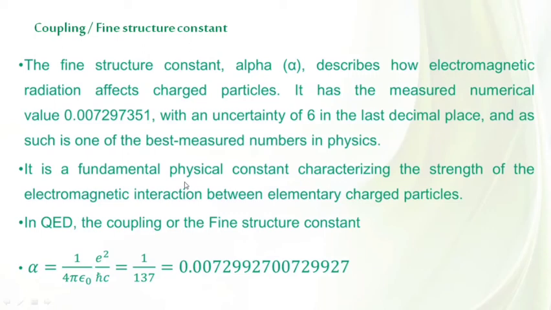The fine structure constant is really important in quantum electrodynamics and quantum chromodynamics. Arnold Sommerfeld introduced the fine structure concept in physics in the 1920s to represent the splitting of atomic spectral lines.